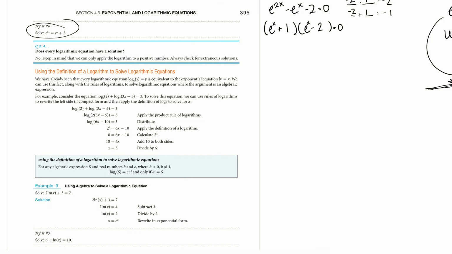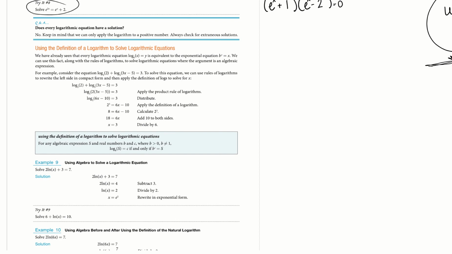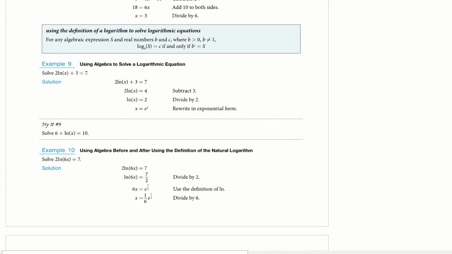So now we would learn how to use the definition of a logarithm to solve these equations. So remember, this is the definition of a logarithm. Log base b of s equals c, which means b to the c equals s.